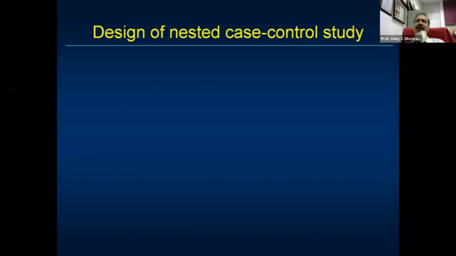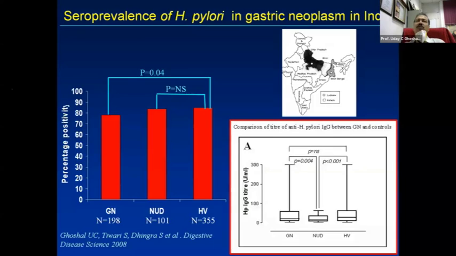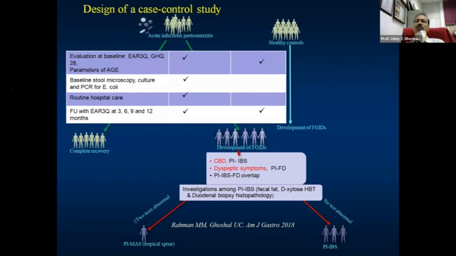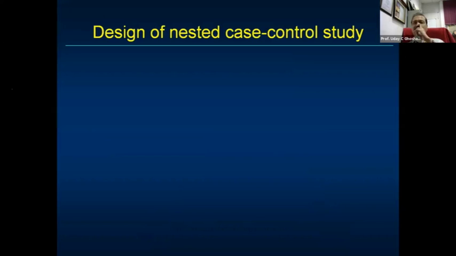Okay. Now, I'll talk about nested case control studies. What is nested case control study? Nested case control study means when you study a disease, let us say the disease is rare.